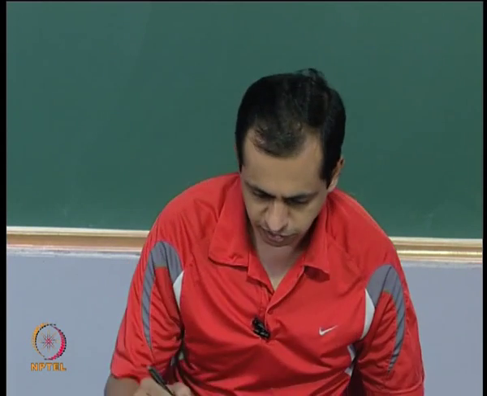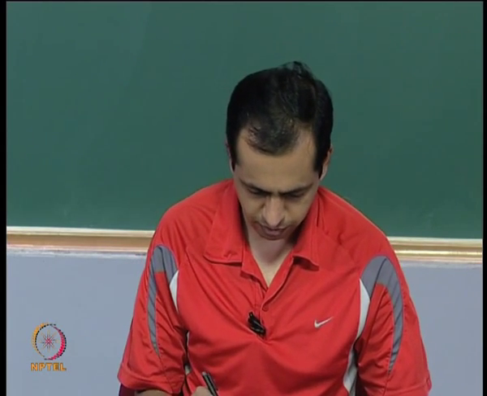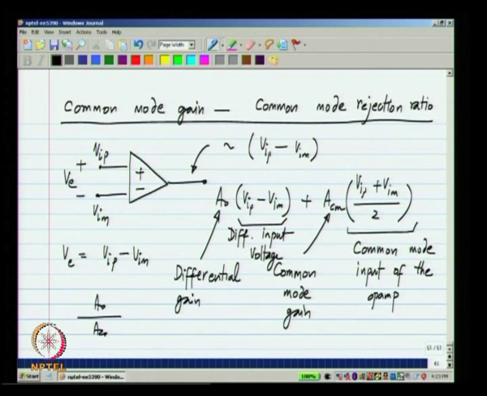Okay. To figure out how small it is compared to A naught, you can specify the value of ACM itself, but usually what is done is to specify the ratio A naught by ACM represented in dB, 20 log to base 10 of that. Okay. Let me just take some arbitrary example.